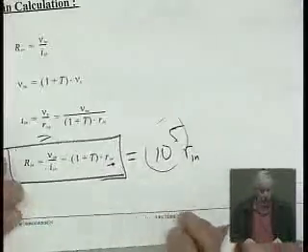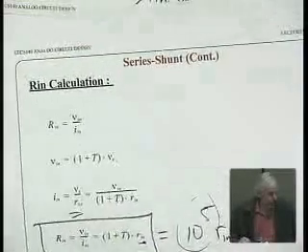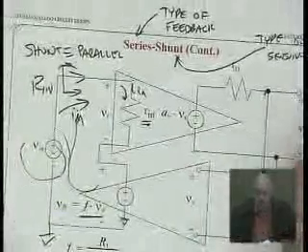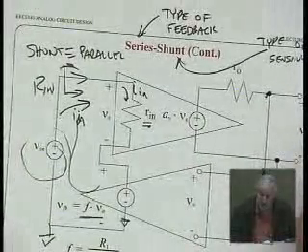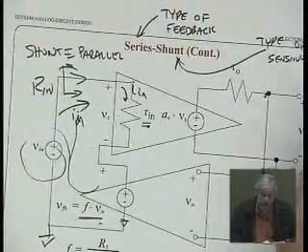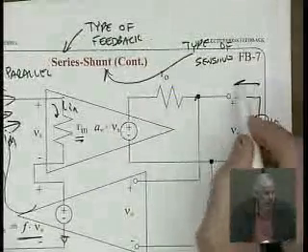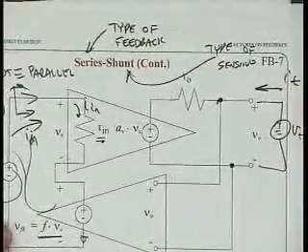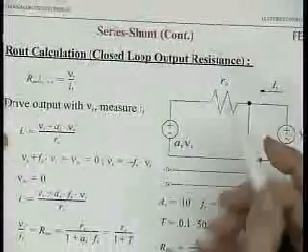What about output resistance? Output resistance is on my other page here. We can force a test voltage, put a V test here, and calculate I test. That's what I did here.